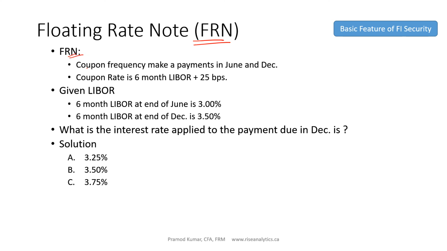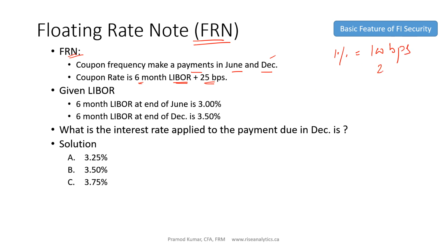In this example, the coupon is paid semi-annually, so there is a coupon payment in June and in December, and the coupon rate is set as LIBOR, which is a reference rate, plus 25 basis points. So what is a basis point? 1% is equal to 100 bips, right?